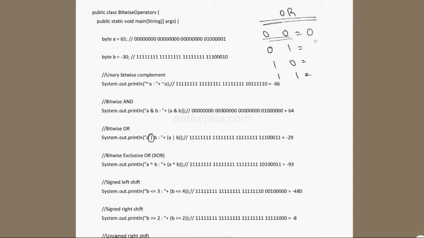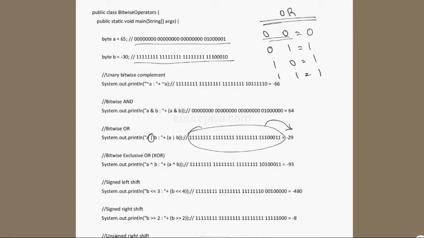So 0 0 will become 0, 0 1 will become 1, 1 0 would become 1, 1 1 will become 1. And if you calculate the bitwise OR of these 2 binary representations, this is what we get. And when we convert that to a decimal value, we would get -29.